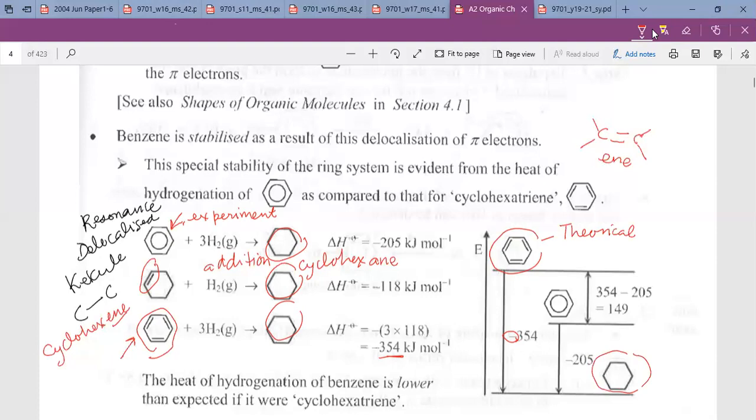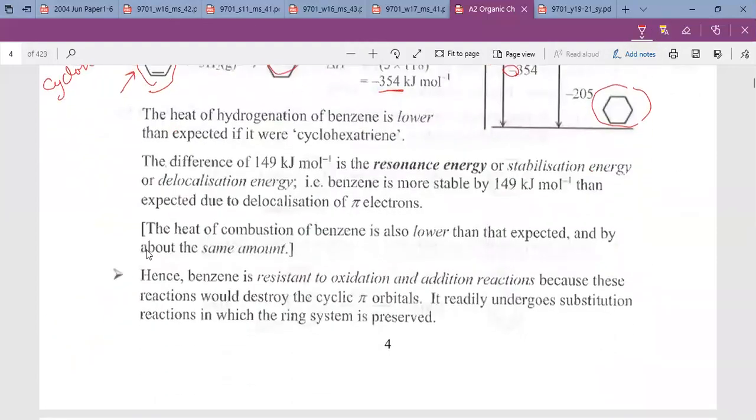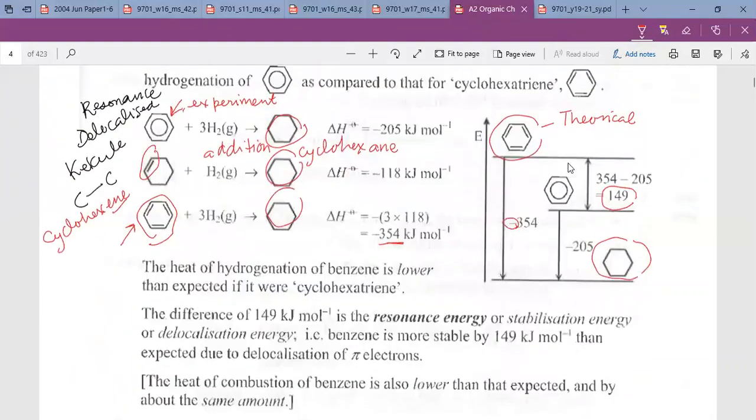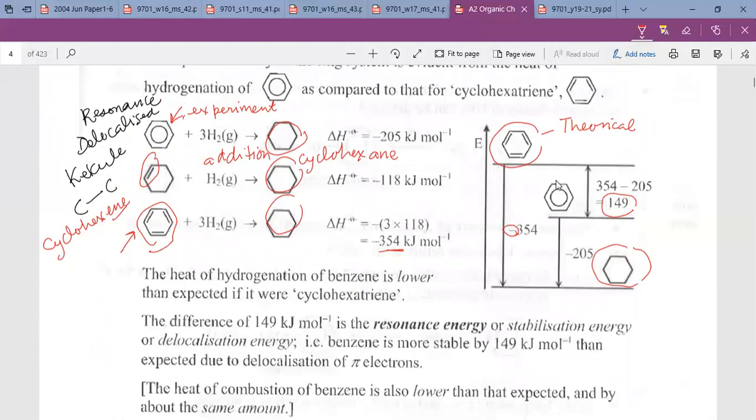But if this is minus 354 and the real one is 205, that means the structure of benzene is lower in energy. This difference in energy is called the resonance energy, or sometimes the delocalized energy. Which means benzene is more stable than the theoretical idea of 3 double bonds.